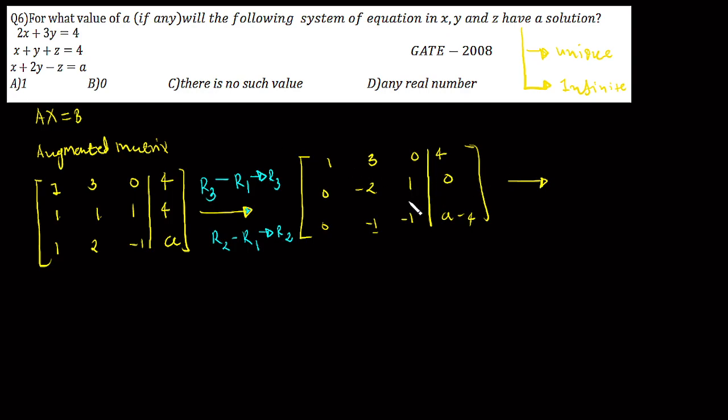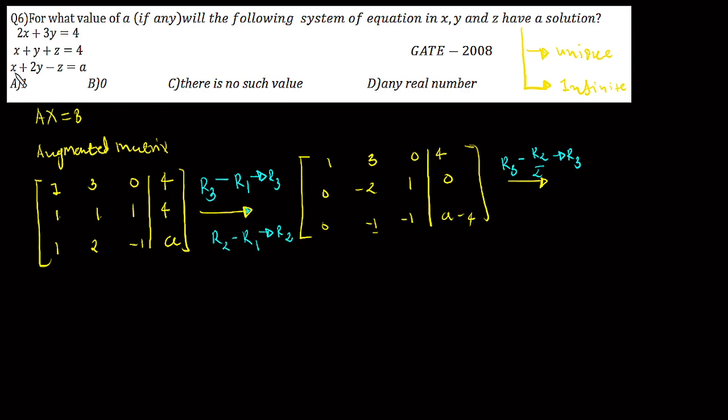The next step is that we have to subtract this row multiplied by 1 half from this third row. So I can write it like this: R3 minus R2 by 2 makes the new R3.